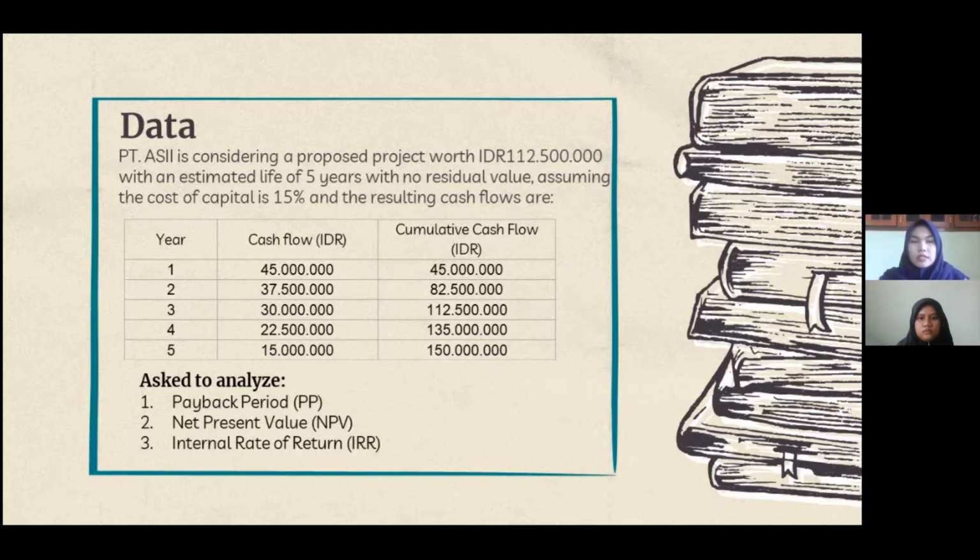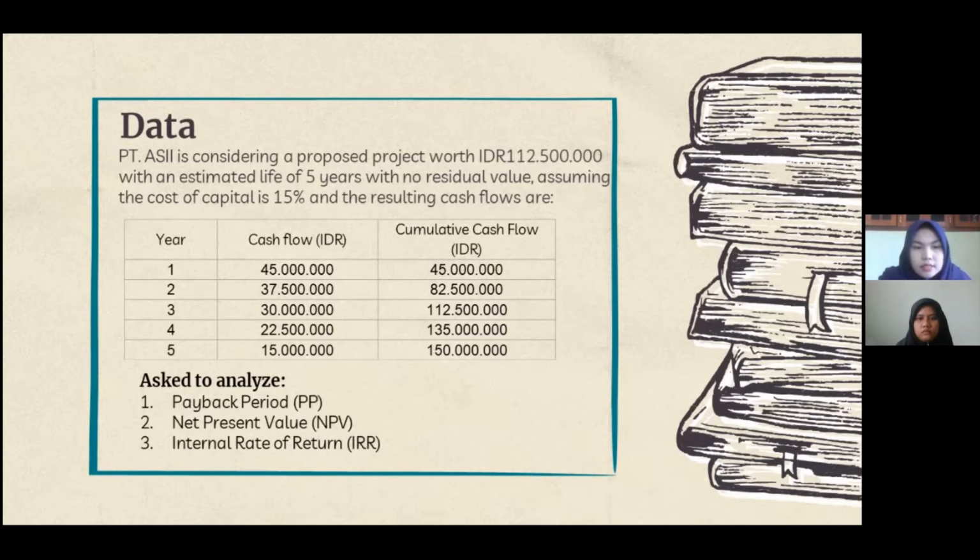On the left is the year, 1, 2, 3, 4, 5, the middle is cash flow, 45 million and so on, and the right is cumulative cash flow, 55 million and so on.